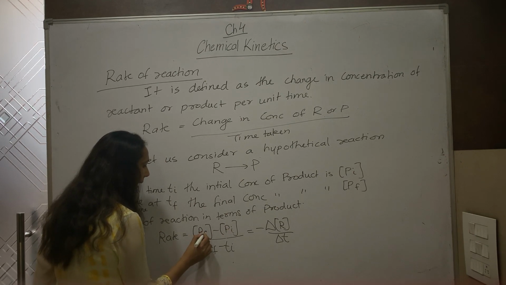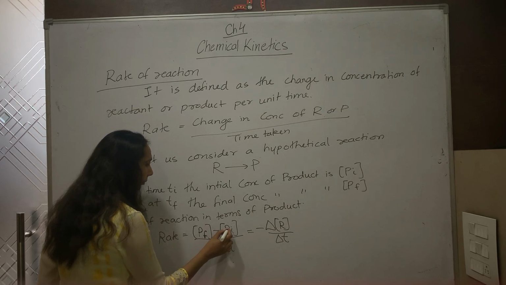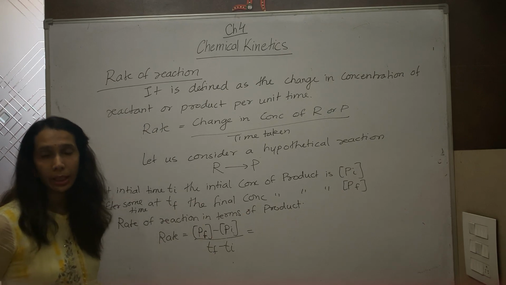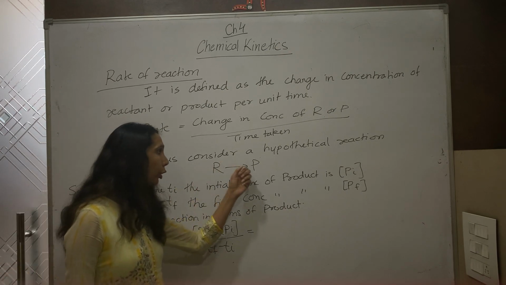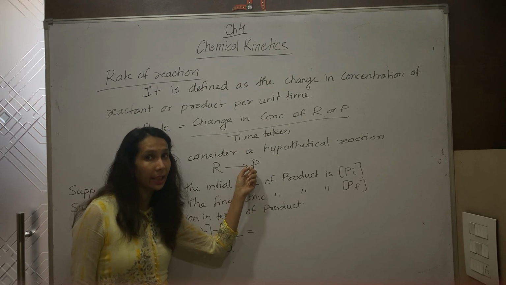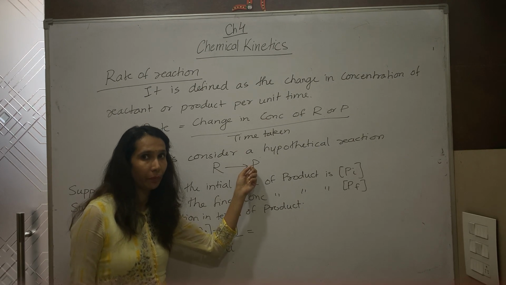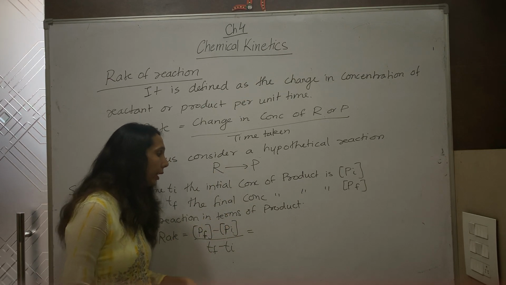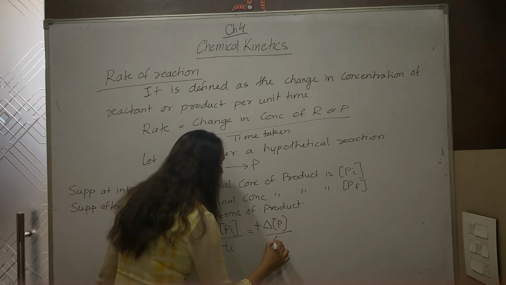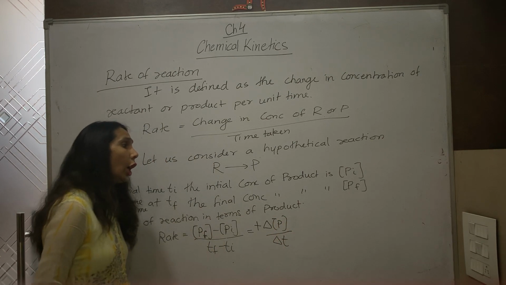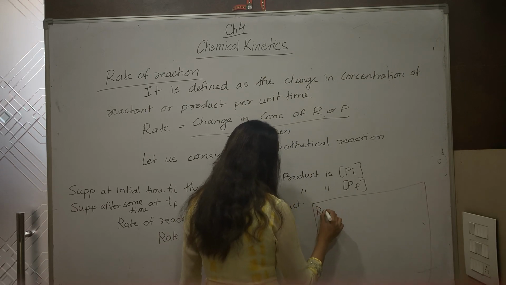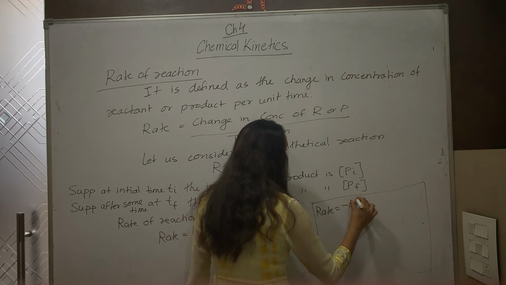Pf minus Pi. So we know that Pf will be greater than Pi. Why? Because in the reaction product is formed, and generally Pi will be taken as 0 if I just started the reaction. So Pf is greater than Pi, so I will get a positive sign: delta P upon delta T. So I can write the rate of reaction in terms of reactant or product, it doesn't matter, it will be the same.